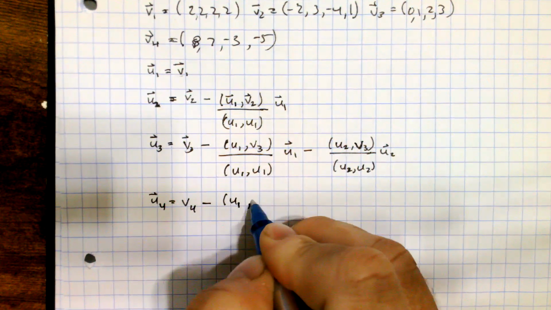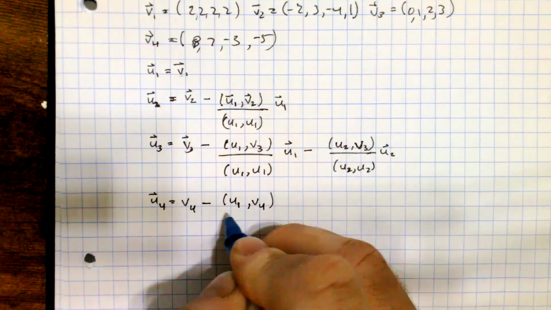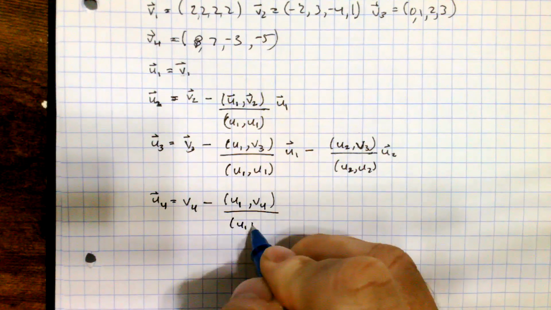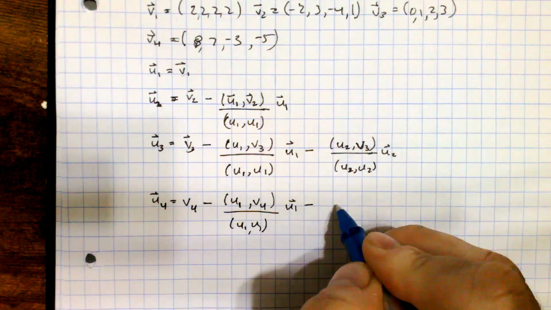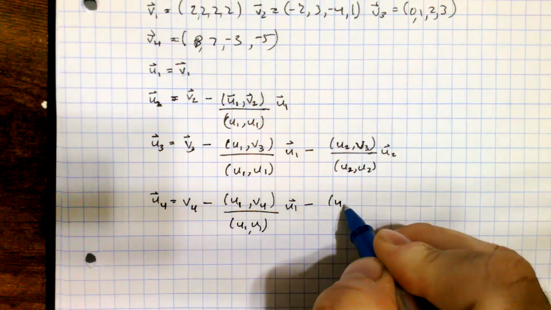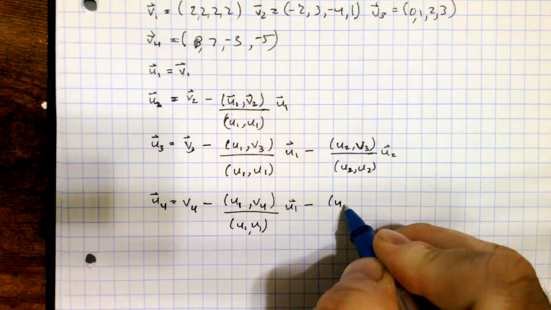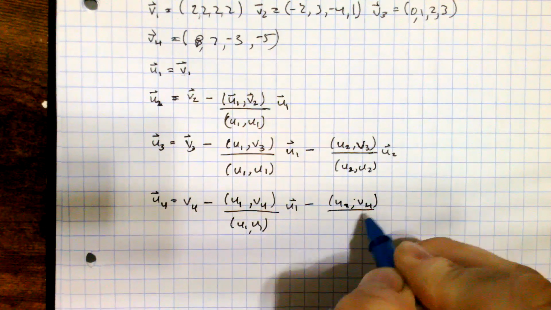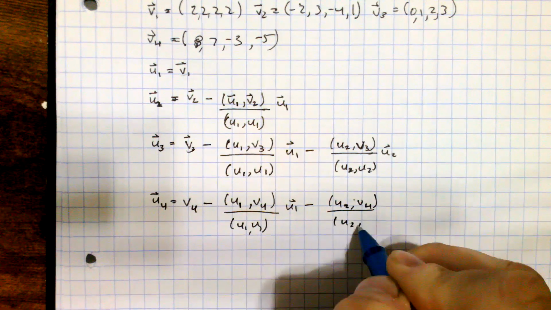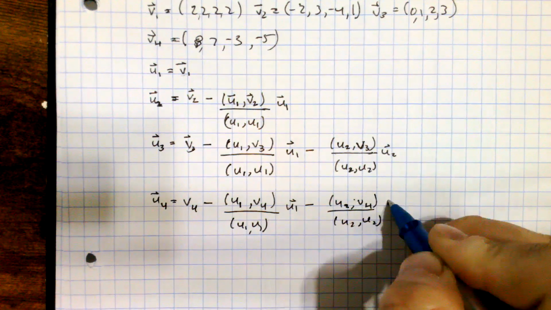The inner product of u1 and v4 over the norm of u1 squared along u1, minus the inner product of u2 and v4 over the inner product of u2 with itself, along the u2 direction.